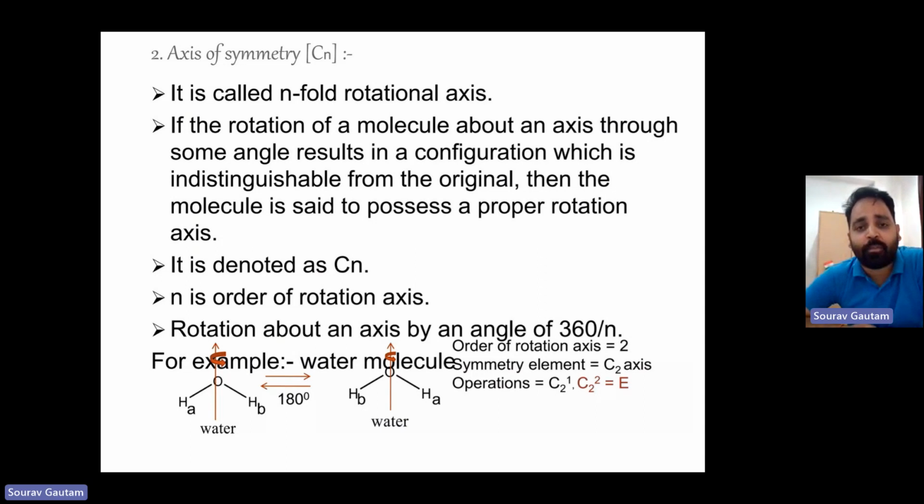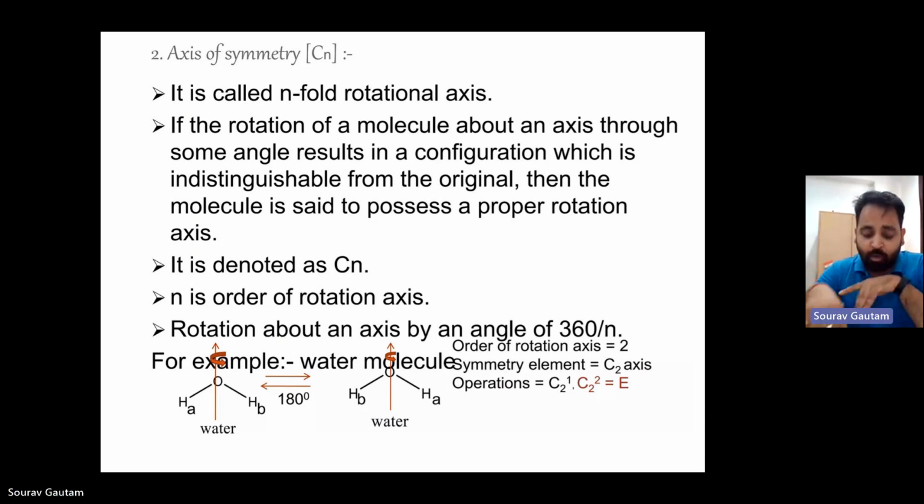If the rotation of a molecule about an axis through some angle results in a configuration which is indistinguishable from the original, then the molecule is said to possess a proper rotation axis, and it is denoted as Cn, where n is the order of the rotation axis or number of rotations.